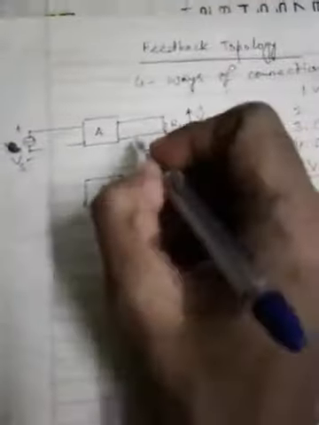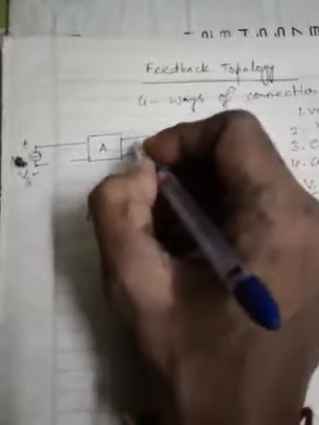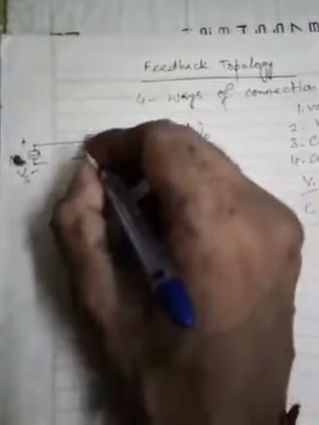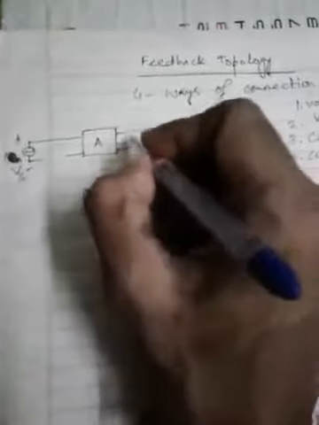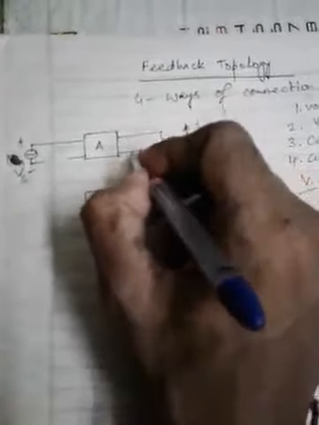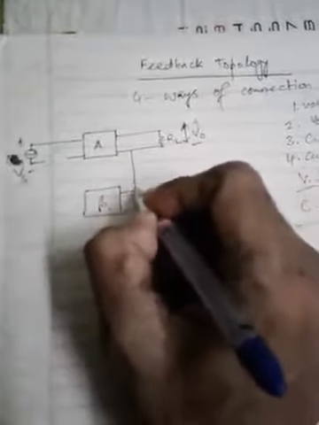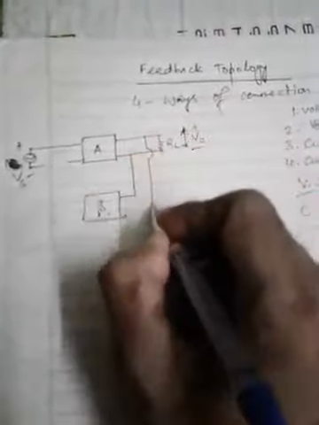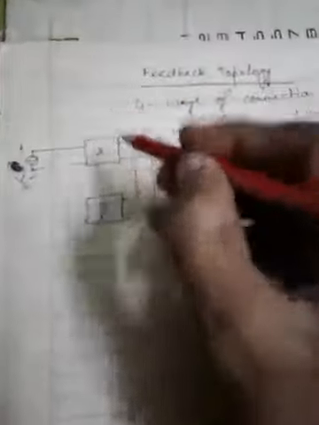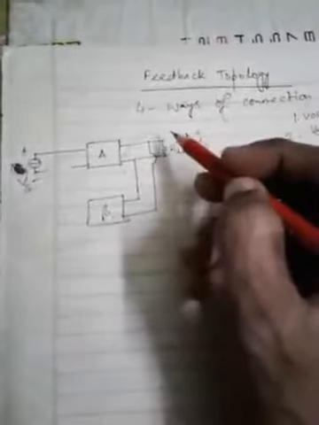Now, to make this a voltage series feedback, let us tap the output voltage from the output of this first path, that's the top path, that means this one. If we tap the voltage, the tapping should be shown like this. As it is voltage, this particular type of tapping is parallel tapping.